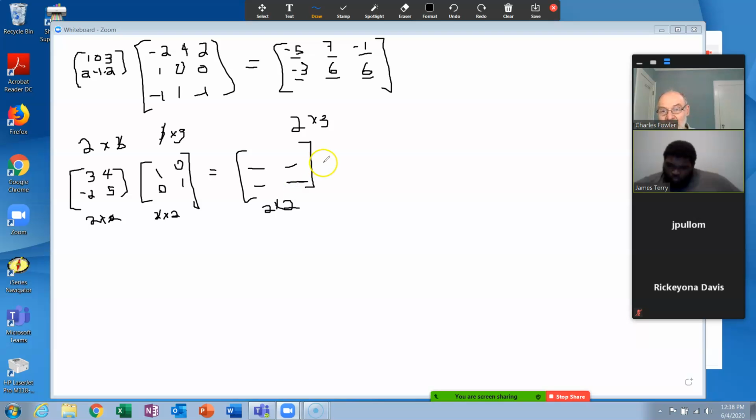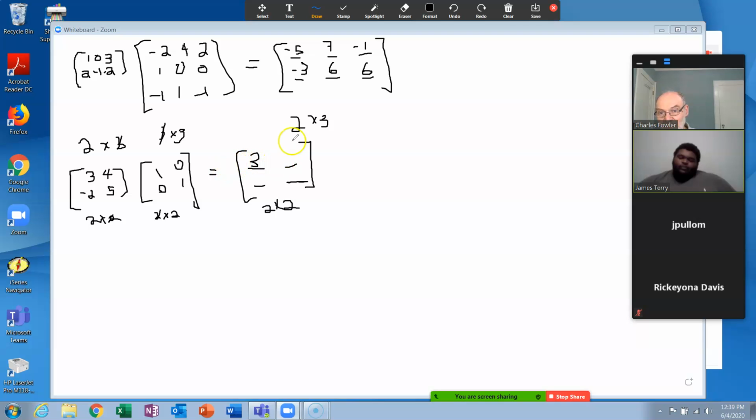Okay. Now, this first one here is the first row, first column. So we take the first row here by the first column there. What do you get? 3 times 1 is? 3. 3 plus 4 times 0? 0. That gives you? 3. Very good.